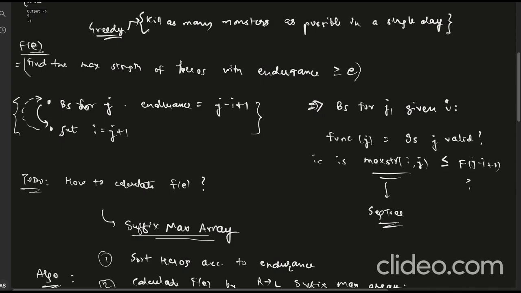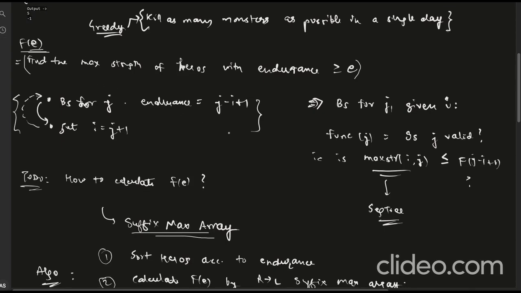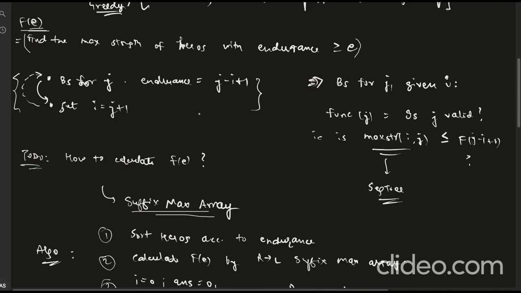We can answer this query in order of one once we have pre-calculated the array F. So once we have this calculated, for a given index i, we'll binary search for index j.